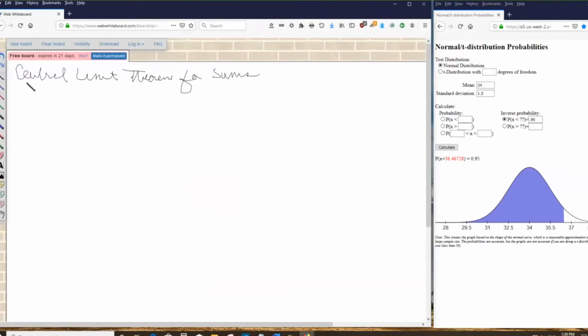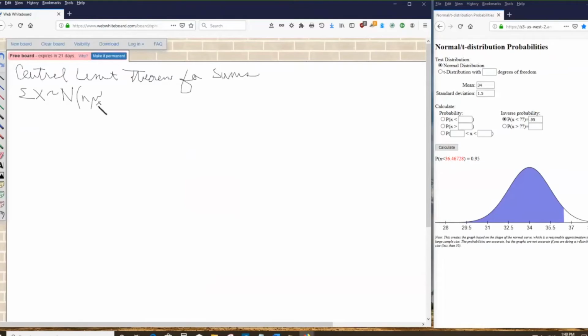So the notation for the central limit theorem for sums is the summation of x, N for the normal distribution, and your mean is n, which is the sample size, times the mean of the sample.